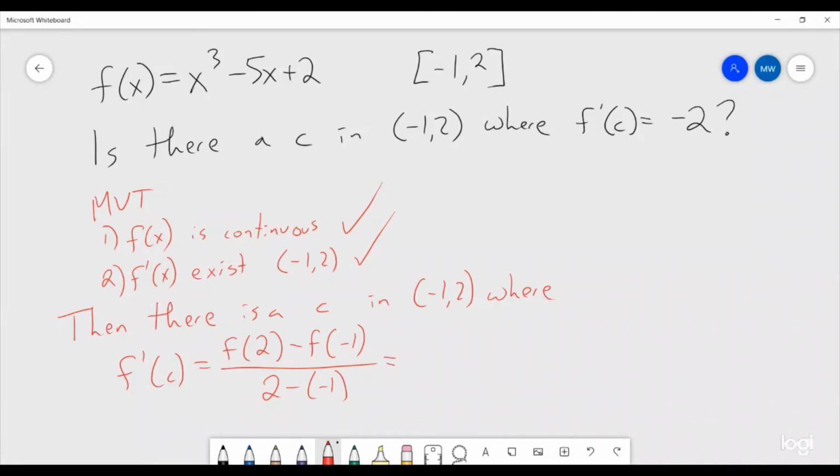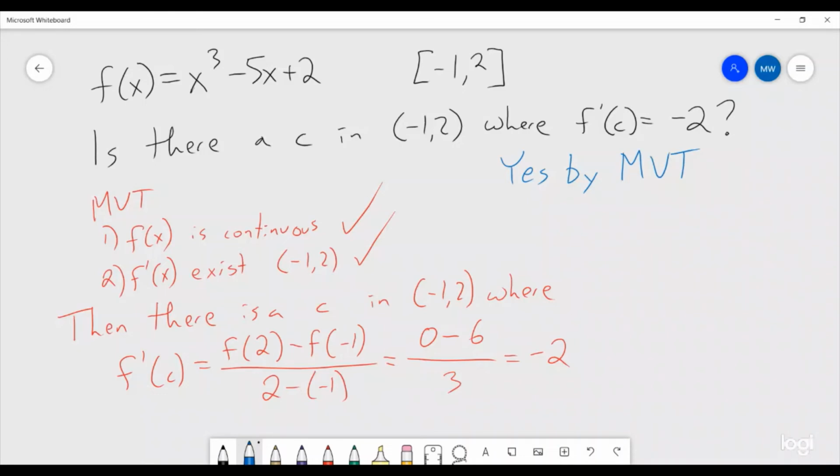Let's figure out what this is. So f of 2, plugging in 2 gives us 8 minus 10 plus 2, that's a 0. Minus, let's see, we got f of negative 1, that's negative 1 plus 5 plus 2, so that's 6, all over 3, which is negative 2. So is there a c that satisfies this? Yes, by the mean value theorem.